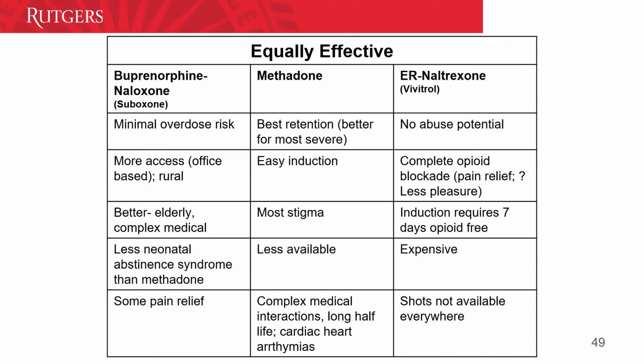This could be because the program that you would be attending requires frequent or daily monitoring. But at the end of the day, there's no one-size-fits-all treatment, but all are effective. So there are multiple options, and sometimes you might have to try to figure out which one would work best for someone who has opioid use disorder.